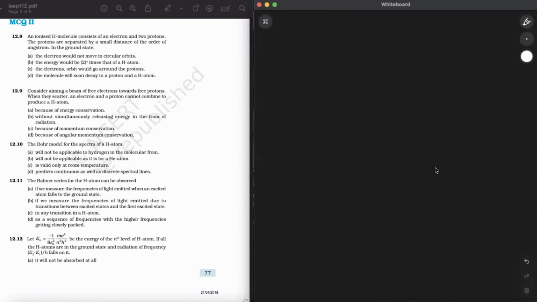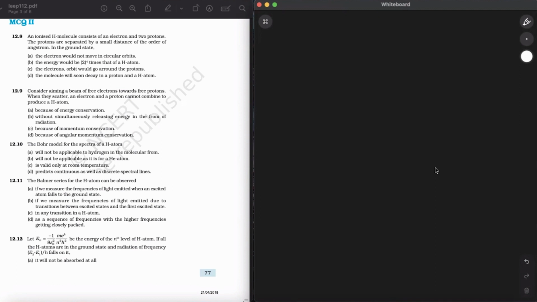Option B: it will not be applicable as it is for a helium atom. This statement is also correct for the same reason. In the helium atom, I told you, He 4, the number of electrons is 2, and what we are talking about is a one electron system. So the helium part is also correct.